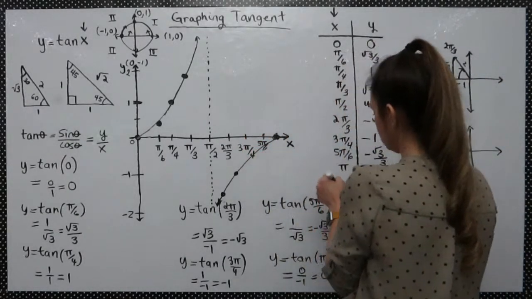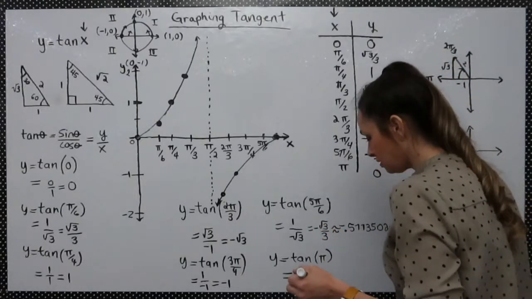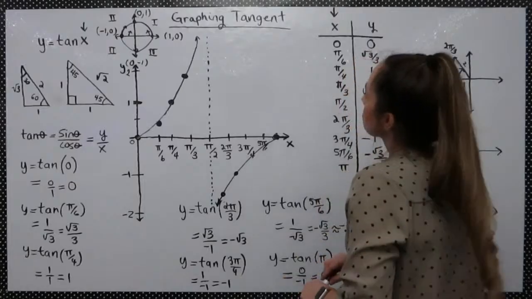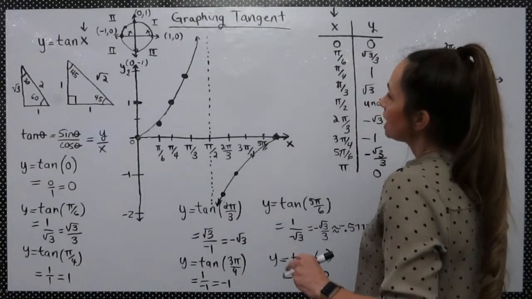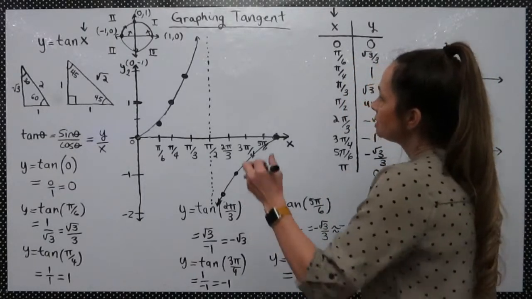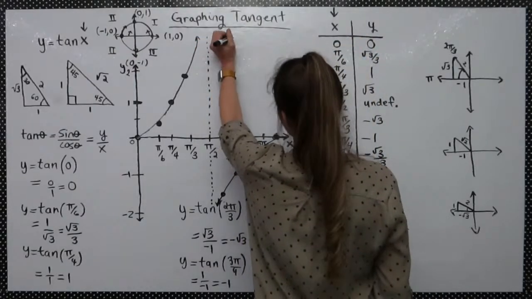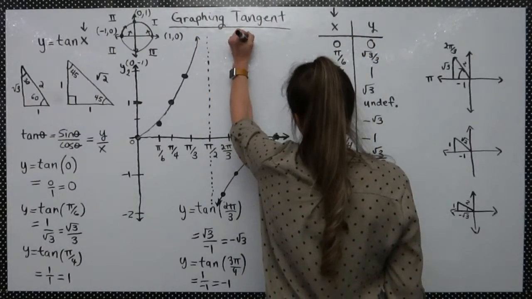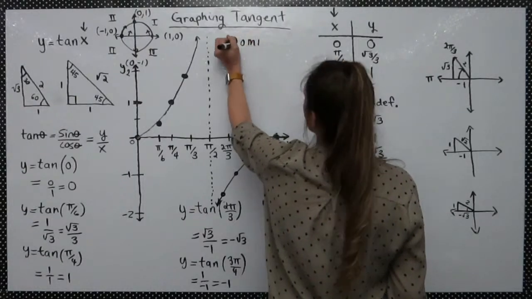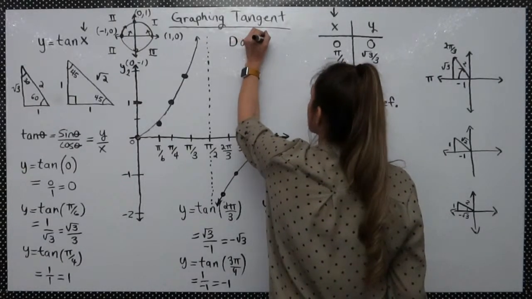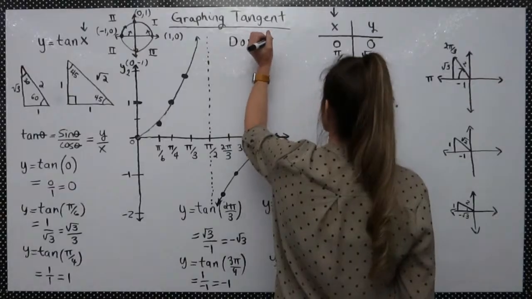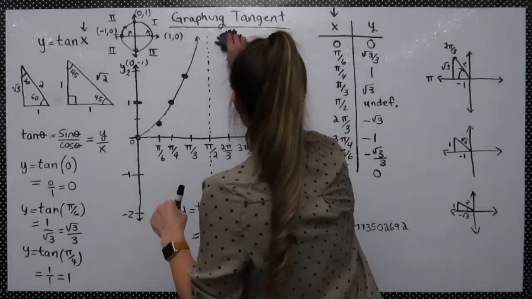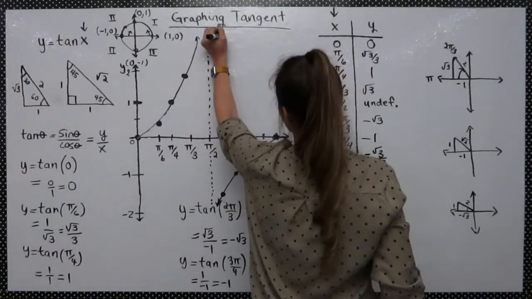With tangent, with sine and cosine, I had no problem listing the domain using interval notation. However, with the domain of tangent, I'm trying to figure out how to represent it using interval notation, because as far as I know, you have to use set notation for domain, okay?